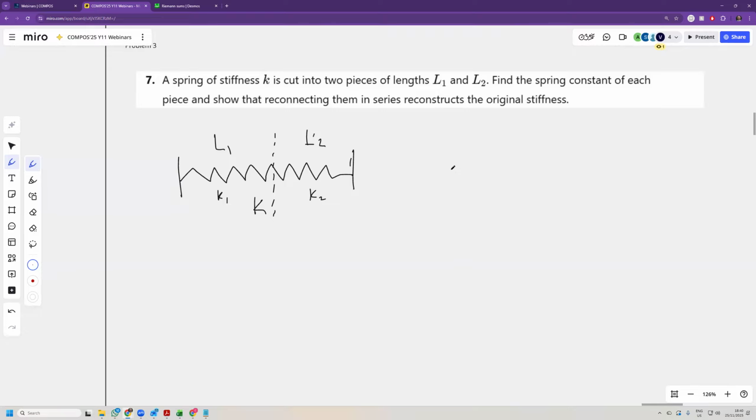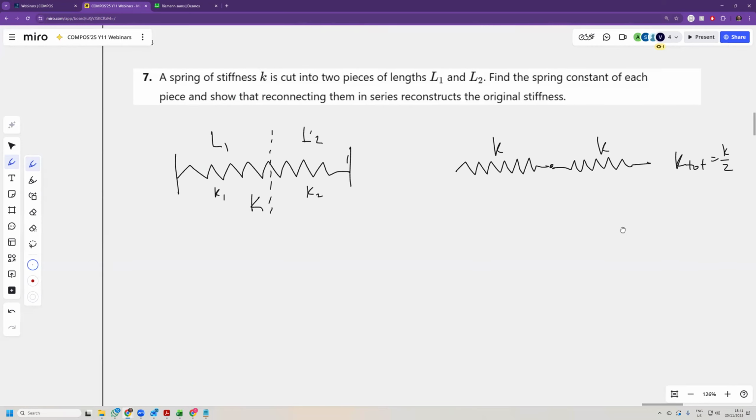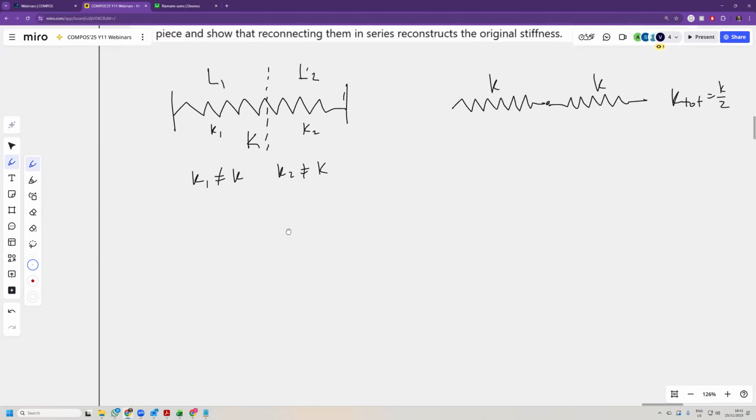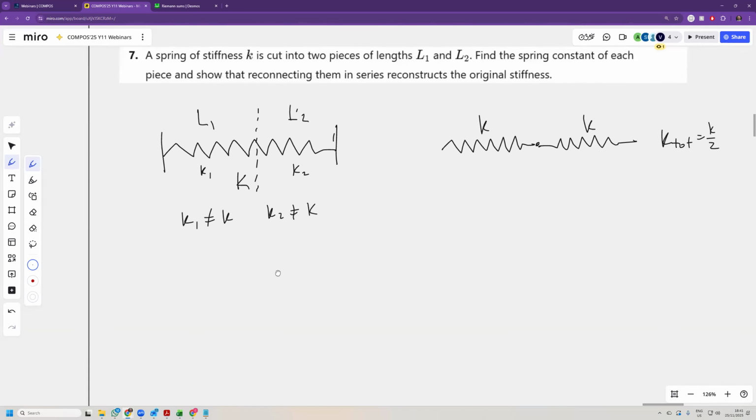Well, obviously not, because if you'd have two springs with spring constant K, the total is going to be K over 2, not K. So therefore, K1 is not equal to K, and K2 is not equal to K either. Okay. So what do we have?